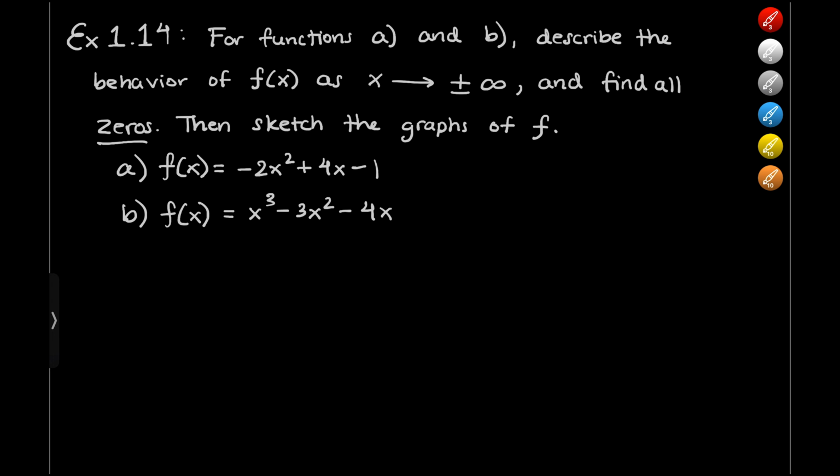Two things to keep in mind when graphing these functions, let's look at the first one: one, it's a quadratic function, and two, it is downward facing because there is a negative sign over here.